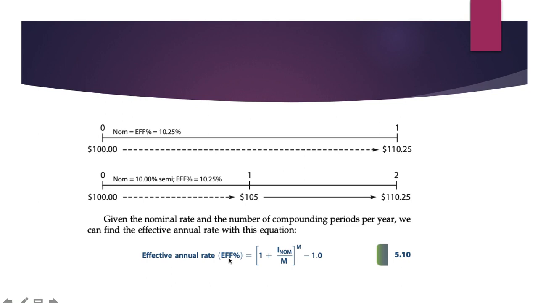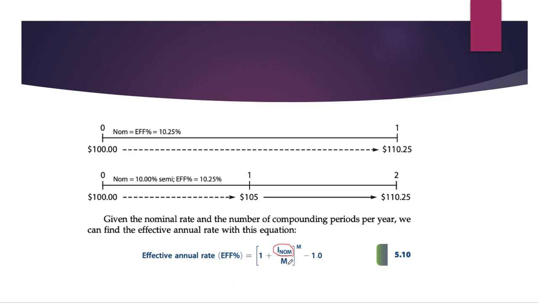So in this equation, what do we have? Actually, it's not a very complex formula. You have the interest rate, that is the nominal interest rate, and m, the number of compounding periods per year.